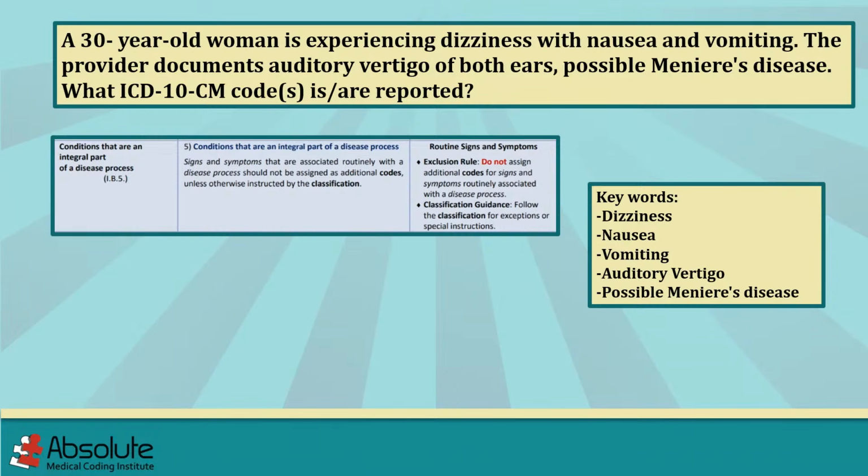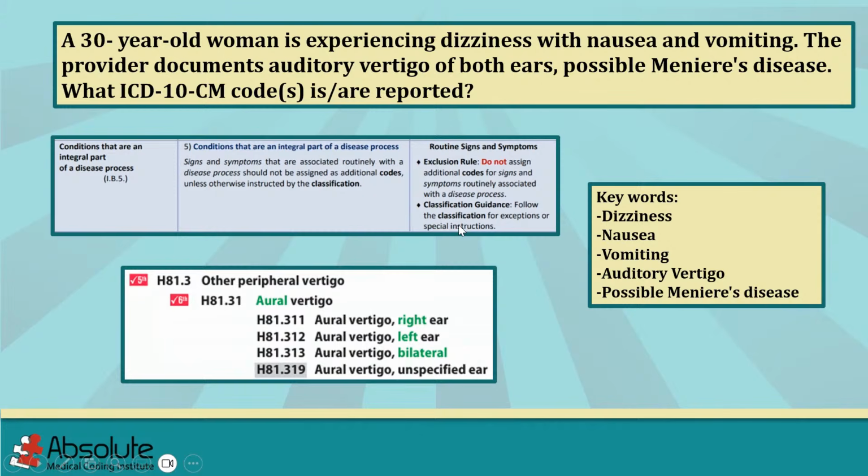And so per this guideline, the signs and symptoms that are associated with the disease, instead of the disease, we're going to be coding the dizziness, nausea, vomiting, symptoms of vertigo. So we are going to look at vertigo because that is what has been documented, the auditory vertigo of both ears.